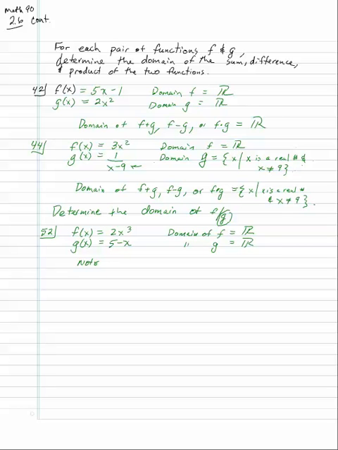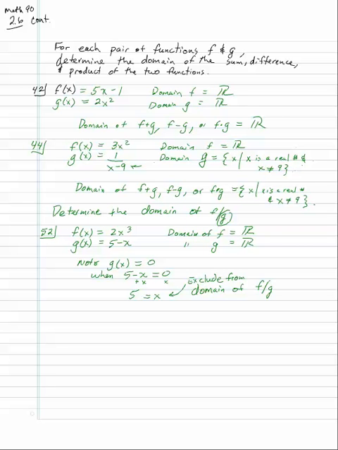So now, when is g of x equal to 0? Well, that's when g of x is 5 minus x equals 0, so you solve that. Add x to both sides, x is 5. So you need to throw this one out, exclude it from the domain of f divided by g.